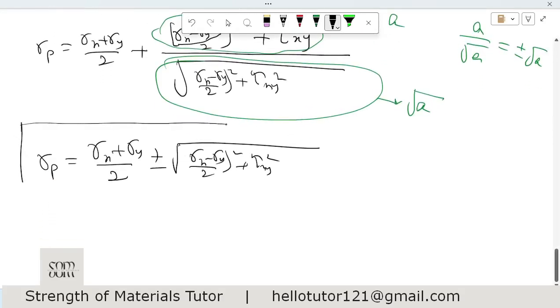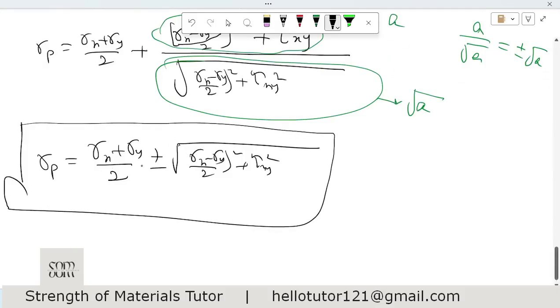Okay, so here we go, we found two values. First is this plus this term, then the other is this term minus this term. So we got two values of sigma p. These two values are sigma p1 and sigma p2. Sigma p1 is related to the plus sign, and this minus term relates to sigma p2.